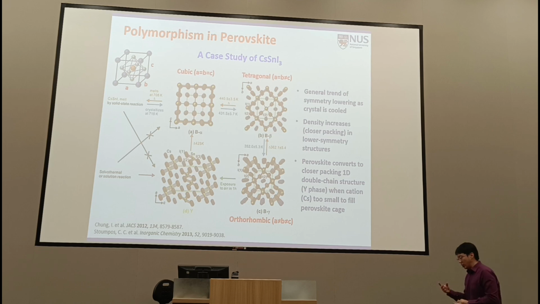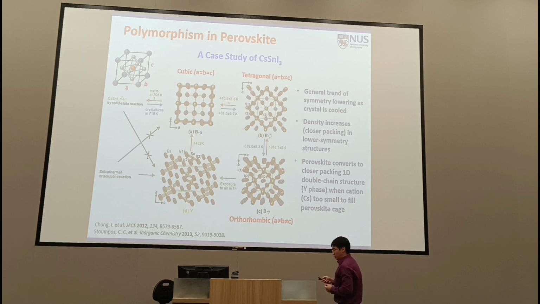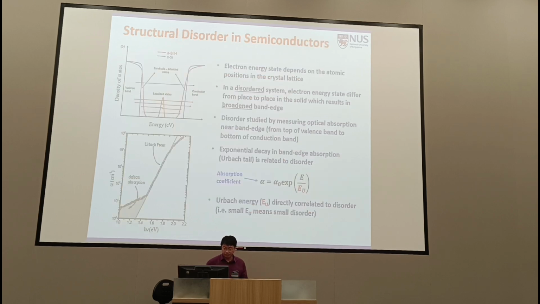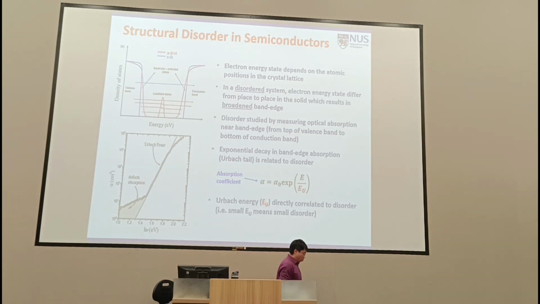It's usually caused by moisture in the air that causes it to change to another structure. And if you like, this structure is a 1D double chain structure for gamma.